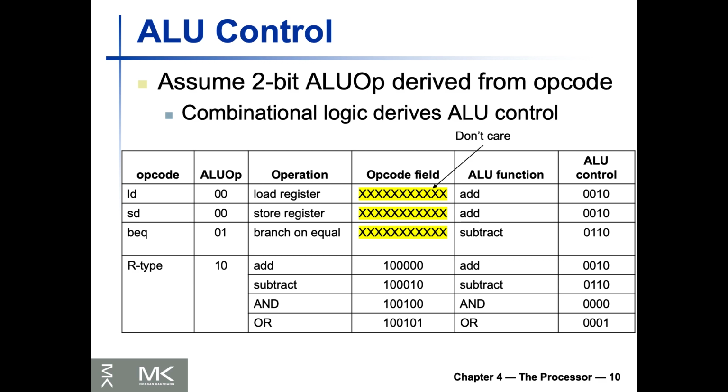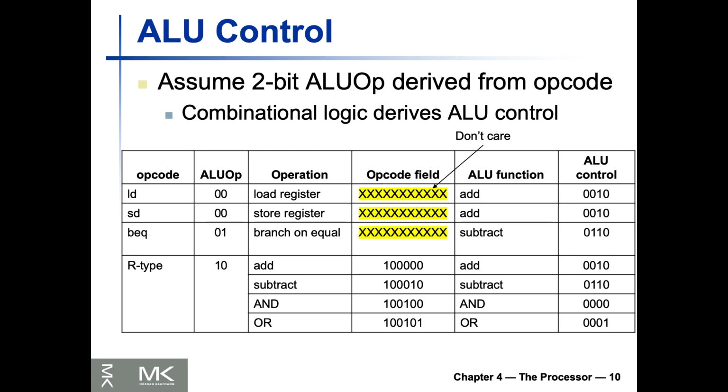We can generate the 4-bit ALU control input using a small control unit that has as input func7 and func3, so that's 7 and 3 bits, and also another 2-bit input which we call here ALUOp. You can see it in the second column. These 2 bits can control up to 4 different ALU processes. But let's see how we're going to use it here.